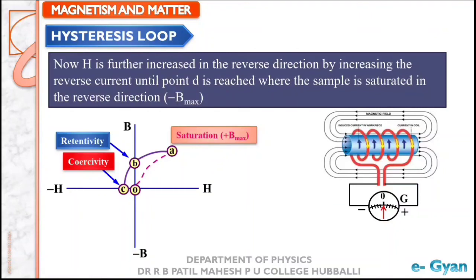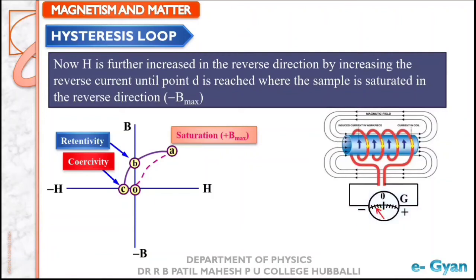Now if H is increased further in the reverse direction, by increasing the current in the reverse direction, we take a still more negative value of current so that we increase the H value in the negative direction. If we do that, the sample will get saturated in the reverse direction and attain minus B maximum.